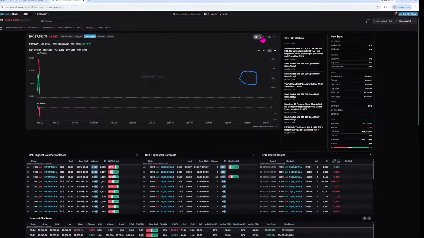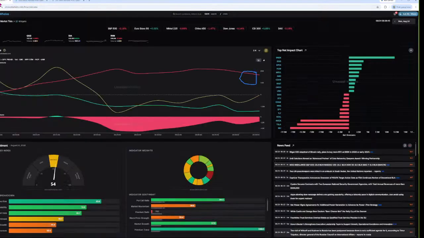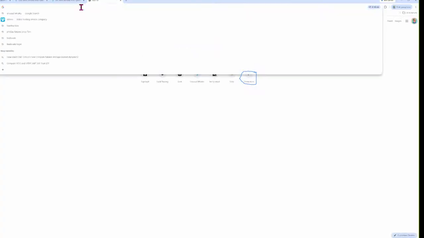But if it were me, one day is as low as you can go on the non-market tide stuff. And here's a little secret, if the market tide has QQQ, like see how it has QQQ in here? Yeah, I'll show you. Unusual Whales.